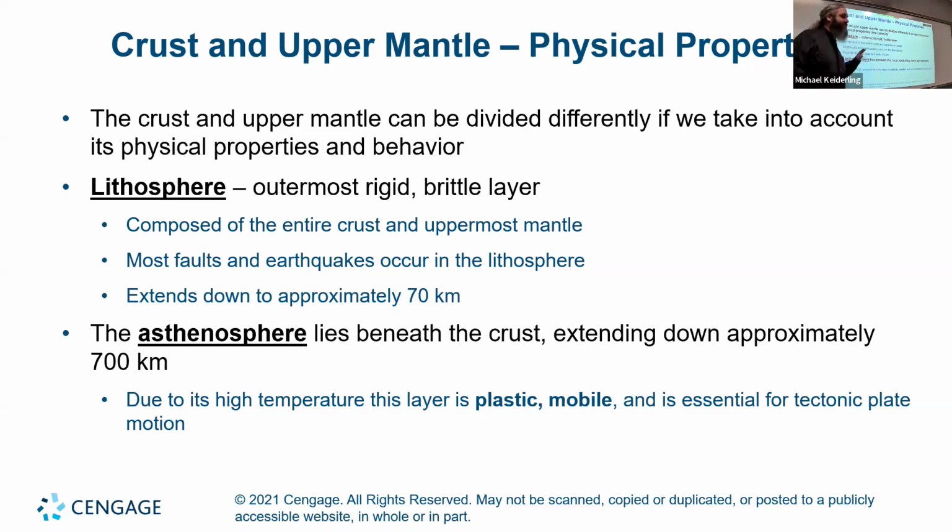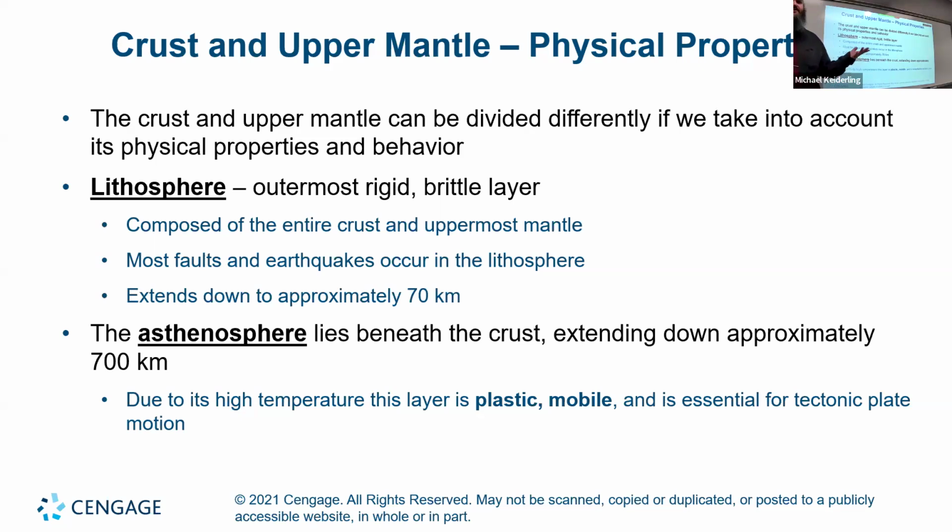And currents in the asthenosphere move the plates of the lithosphere around. So it's plastic, it's mobile, and it's essential for tectonic plate motion. And basically, Earth is one of the very few places we know of that actually has tectonic plates and plate tectonics.